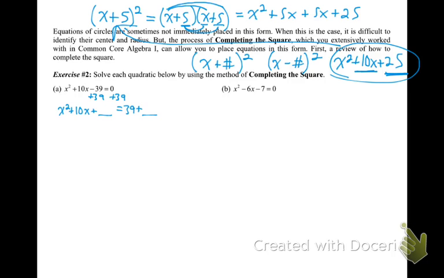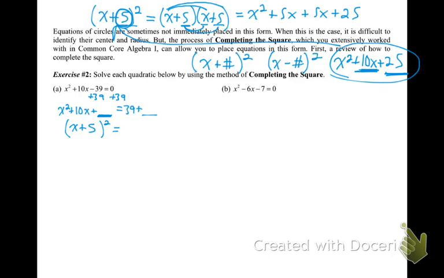So in completing the square, my goal is to find some number here that creates a perfect square. To do that, looking back at the example above, that number right here was double this number right here. Or in other words, this number that I want is half of the number in front of the x in the trinomial. So if I take this 10 and divide it by 2, it gives me a positive 5.